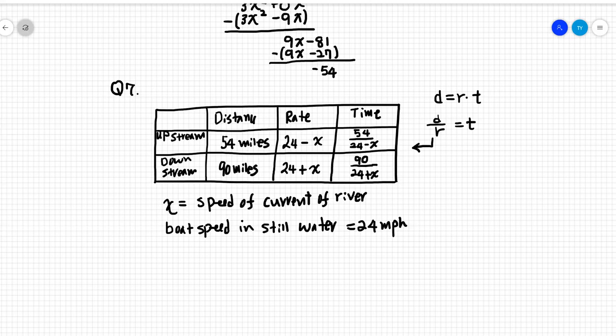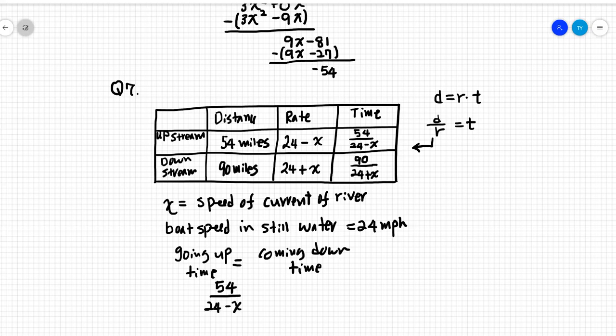So we're going to make it like this: going up time is the same as coming down time. So the going up time is going to be 54 divided by 24 minus x. And that's going to be equal to the coming down time, which is 90 over 24 plus x.